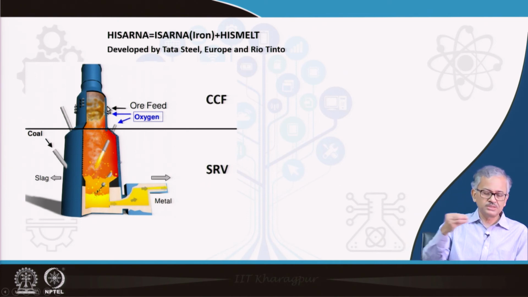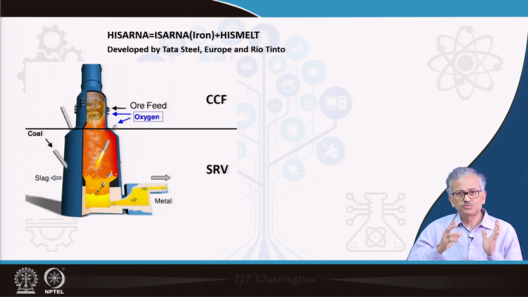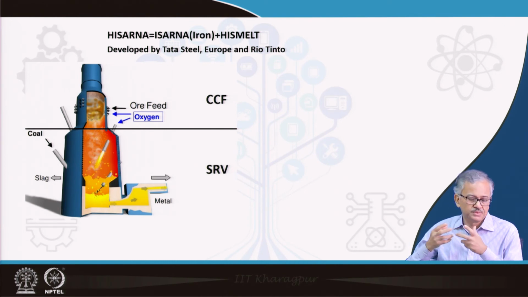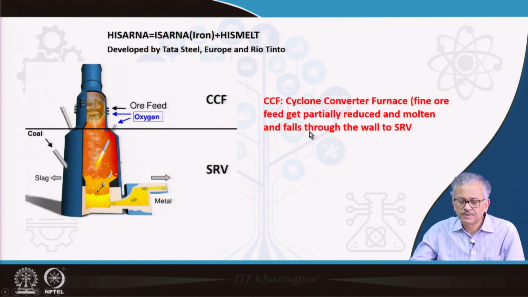So iron ore fines are charged into the cyclone, and in the hot atmosphere of the cyclone, the iron ore melts and is partially reduced also. And since it is a cyclone, the iron ore basically remains on the surface of the wall, and then that trickles down to the smelting reduction vessel, and finally the rest of the reduction takes place in the smelting reduction unit.